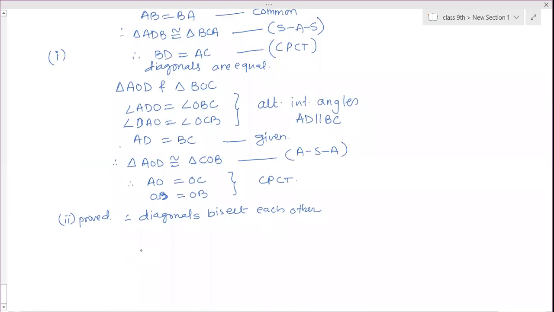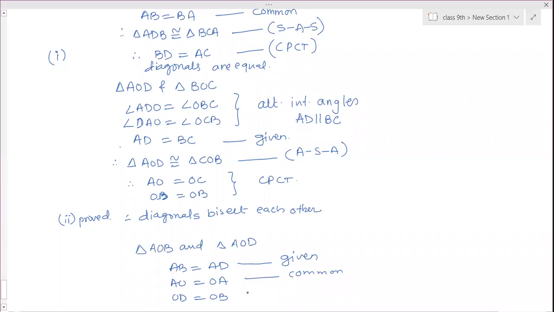Ma'am, how is that angle equal to that angle? We have to first prove congruency, right? Yeah, after congruency only. Triangle AOB and triangle AOD: AB is equal to AD, AO is equal to OA, and OD is equal to OB. This is given, this is common, proved in second.